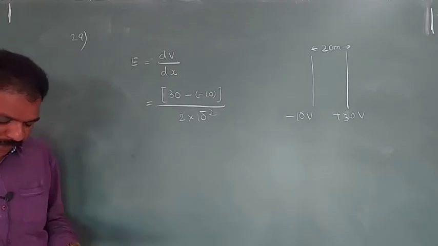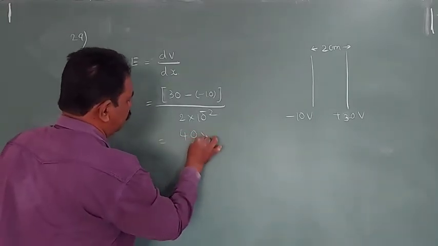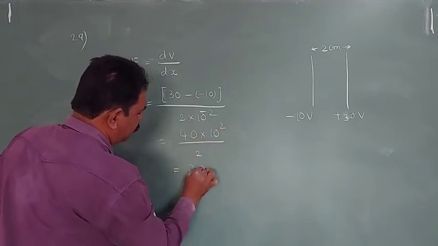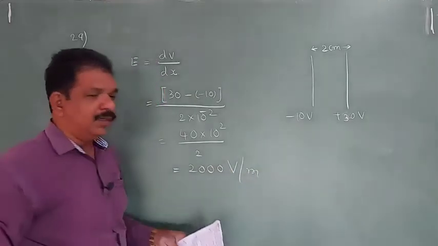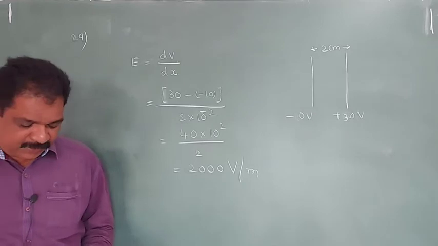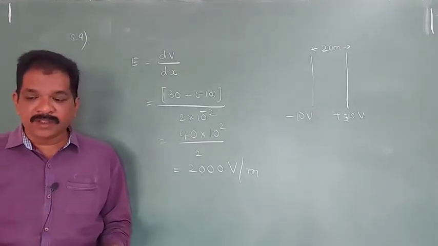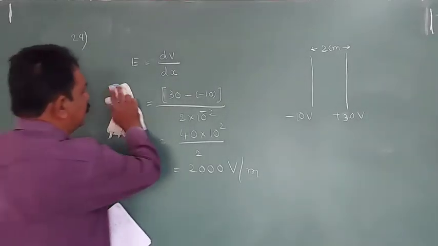If we calculate this value, 40 into 10 square by 2, this value is 2000 volt per meter. That is the intensity of the electric field. 29, that is. Next 30. What the question is, see.